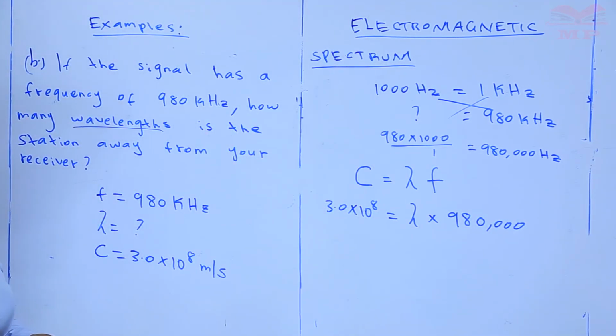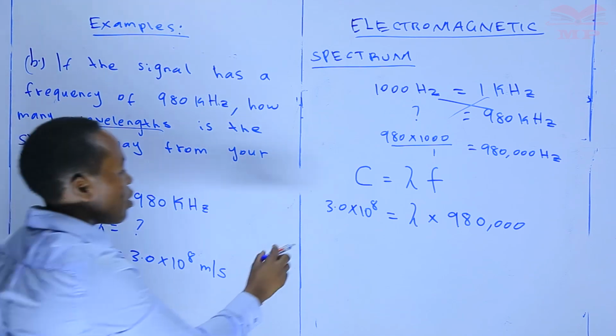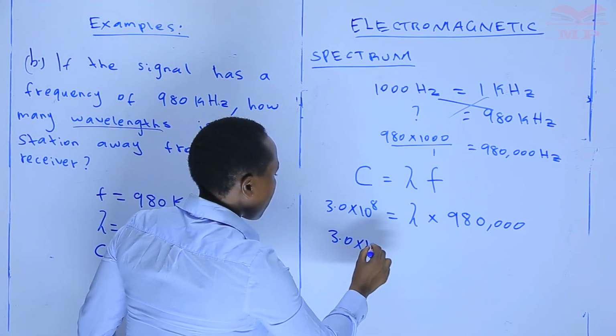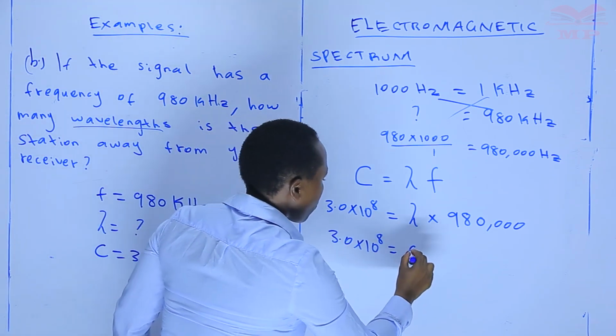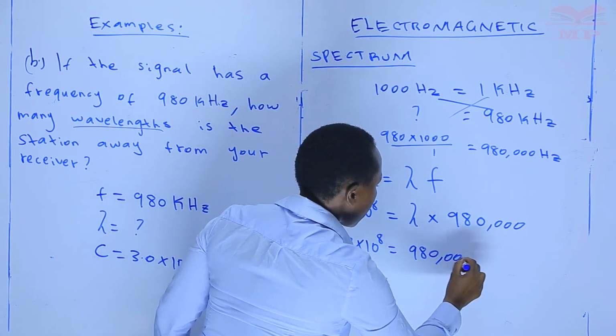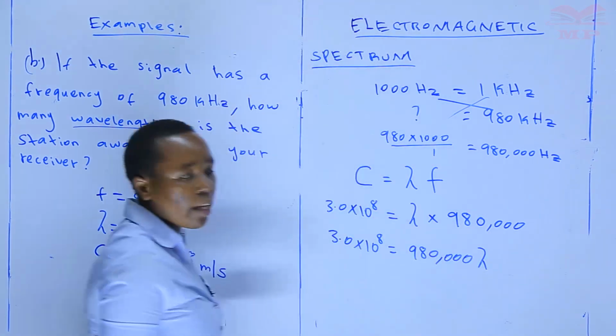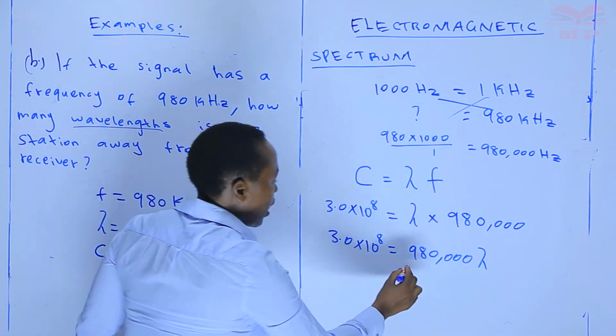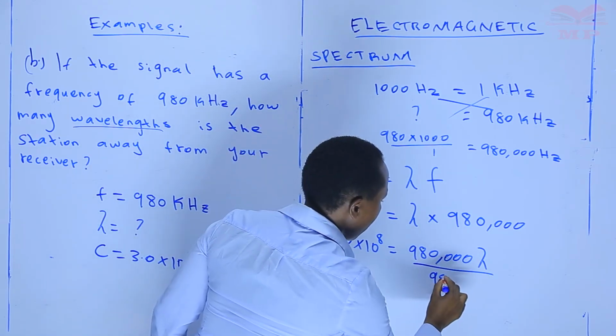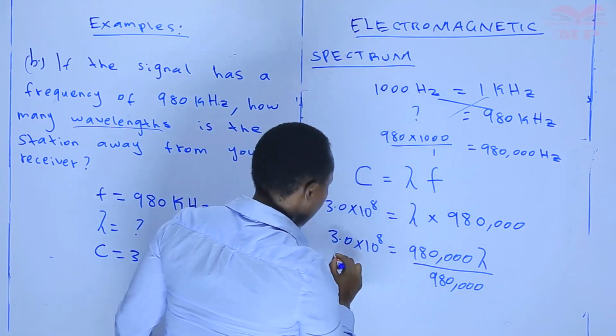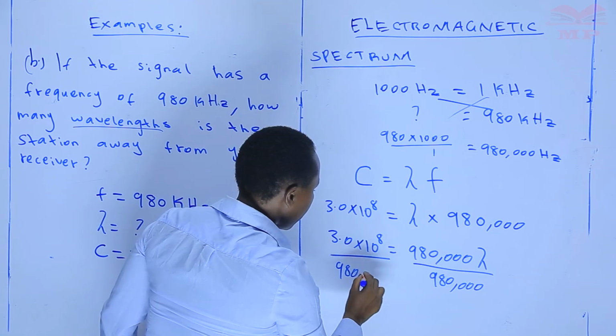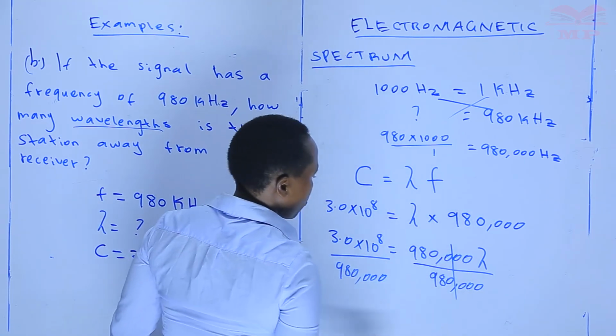So again, we make wavelength the subject. So we have 3.0 times 10 power 8 equal to 980,000 multiplied by lambda. So to get lambda, we divide both sides by 980,000. So this will cancel.